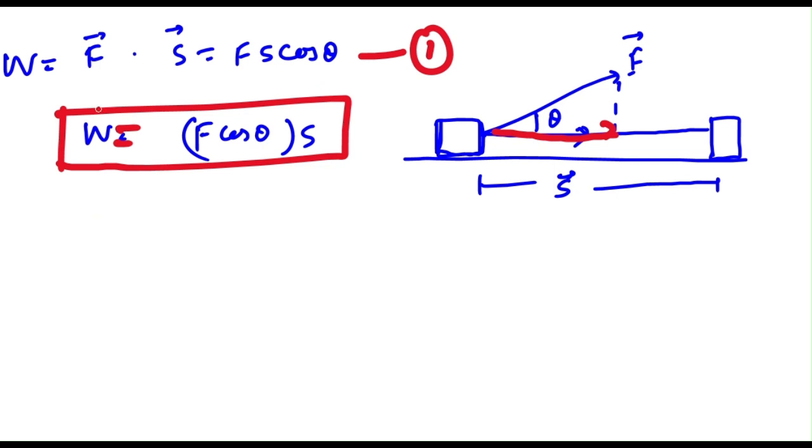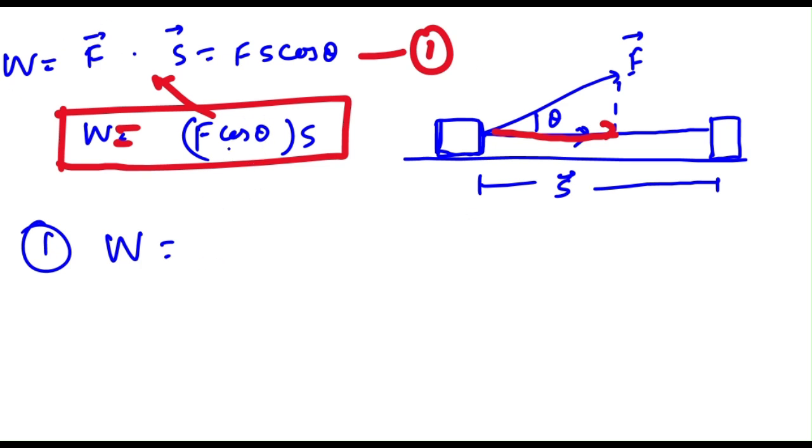Now, actually we have to go from here to here. That will be better. Now we have different scenarios here. Look, what if the angle between these two vectors, that is theta, is 90 degrees, that is, force is perpendicular to the displacement.